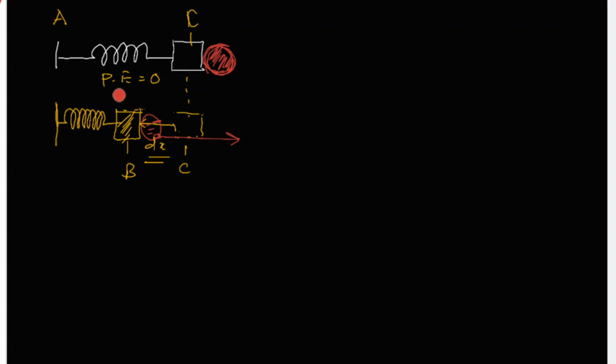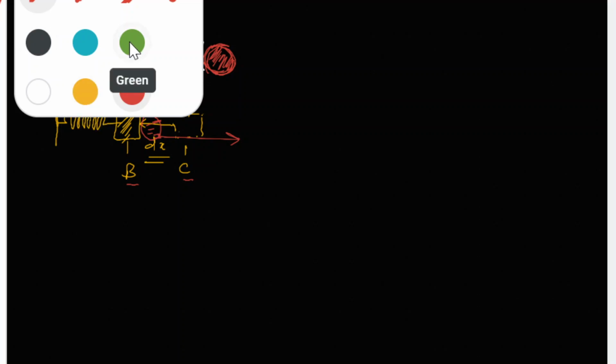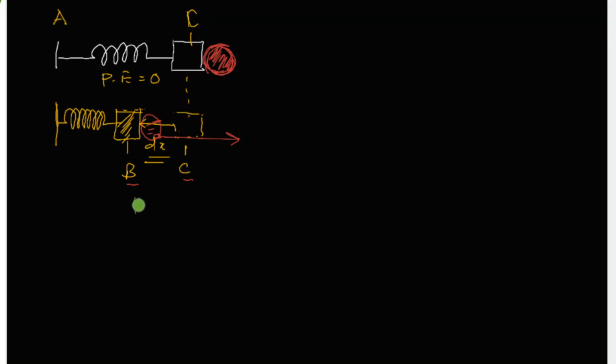This energy in the block now is due to the force to move this block from position C to B. Because of this force applied to move the block from C to B, work is done, and that is force into displacement.